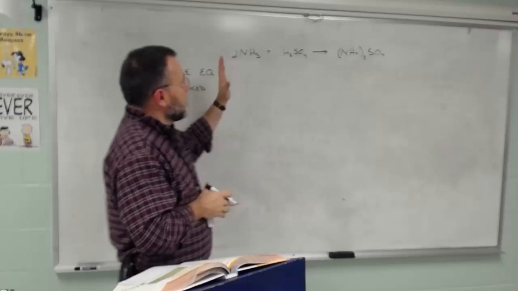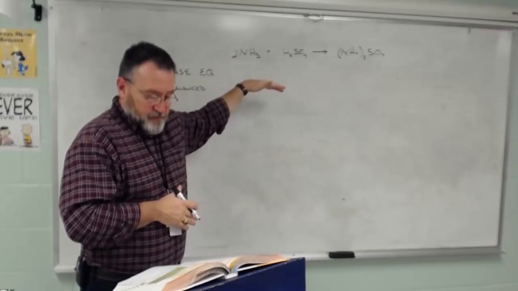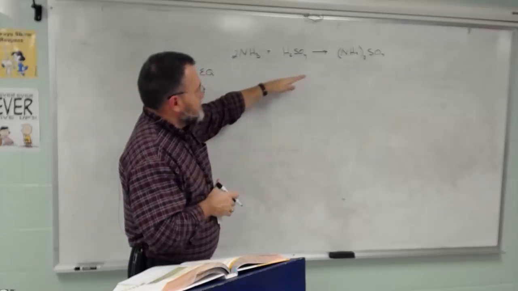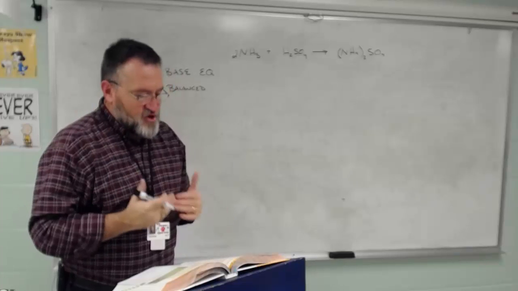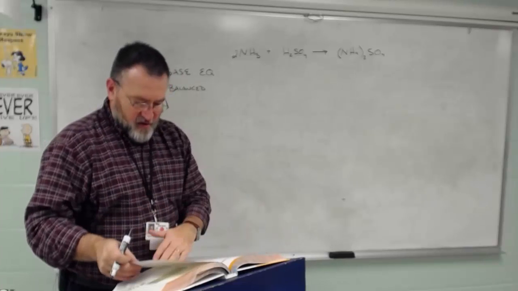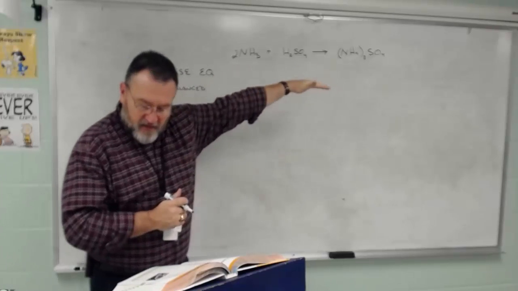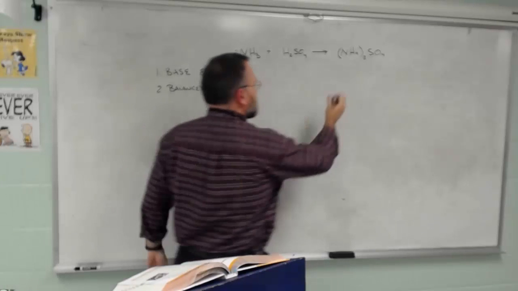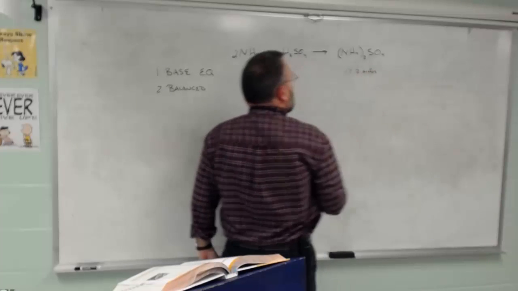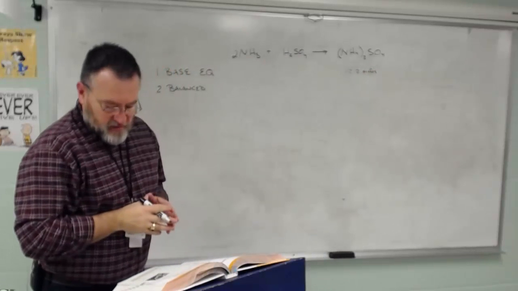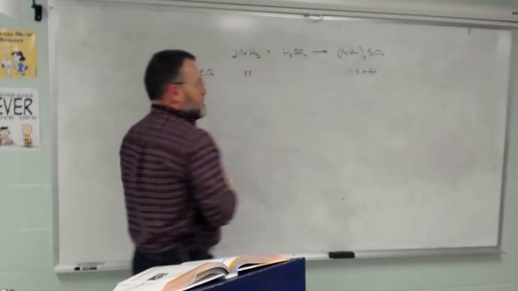So this is our balanced equation when we're dealing with example 8.1. We've got ammonia and sulfuric acid react to produce ammonium sulfate. The question that they originally asked us was, given this, if she ends up making 12.2 moles of ammonium sulfate, how many moles of ammonia were used?